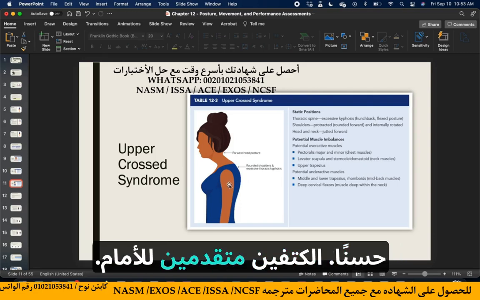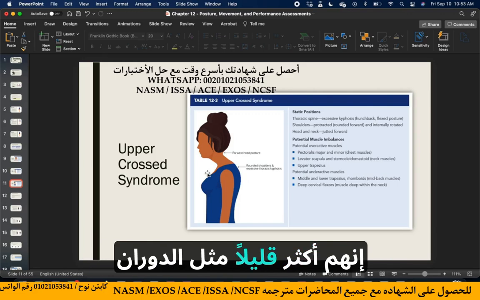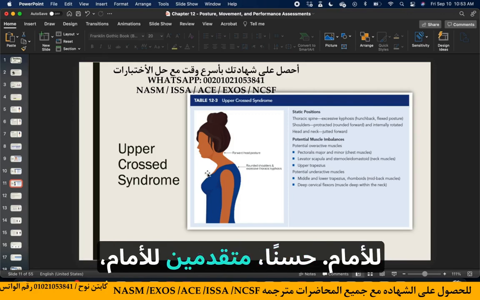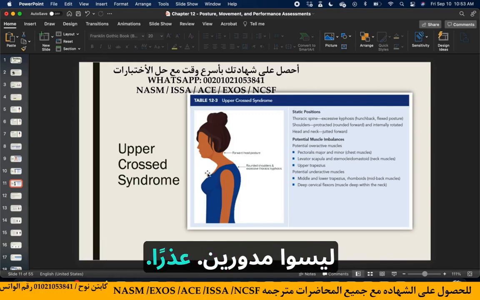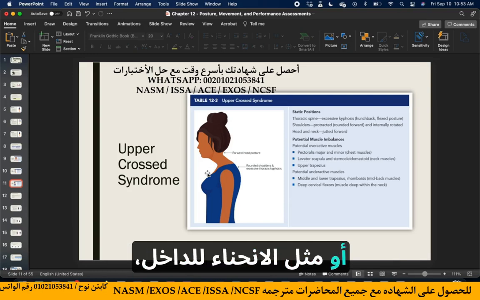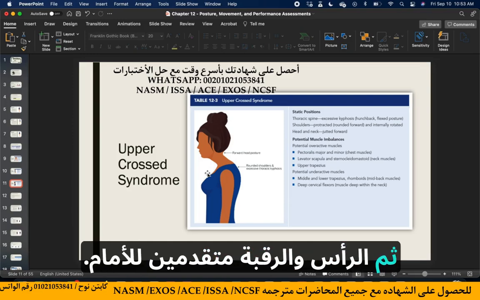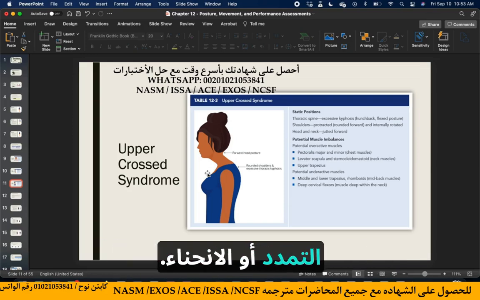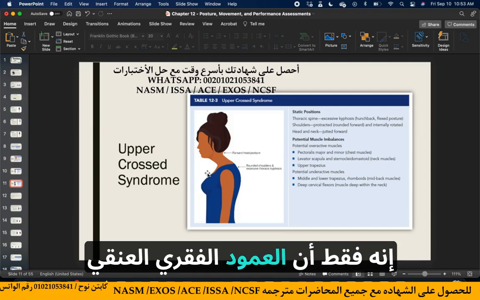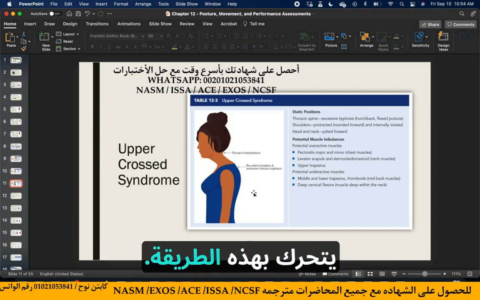Okay, the shoulders are protracted. They're rounded forward, not rotated, excuse me. And there's some internal rotation or like a turning in. And then the head and the neck is jutted forward. It's not that you are in extension or flexion, it's just the cervical spine moves in that way.